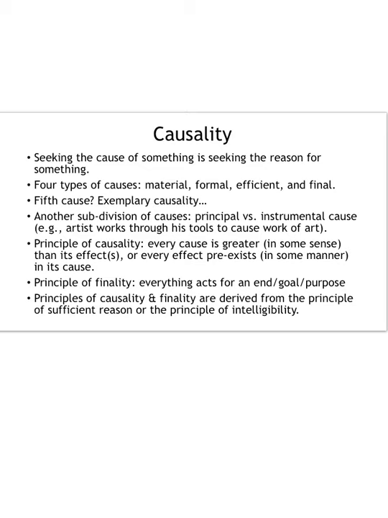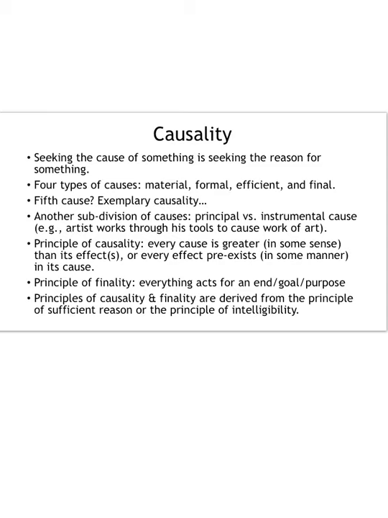Okay, those are instrumental causes. The principal cause is the Creator that sustains all things in existence. The principal cause, the principal efficient cause. Assuming there is such a being. We haven't shown that, but we'll talk about that later.